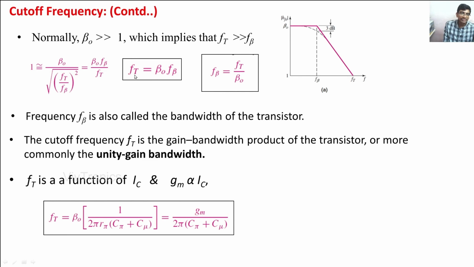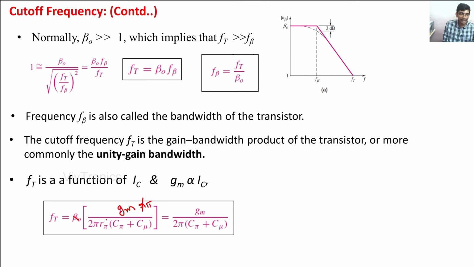We can write ft equal to beta naught into f beta. We already know the value of f beta from the last derivation, so we substitute it here. ft is equal to beta naught into 1 by 2 pi r pi (c pi plus c mu). Here beta naught is nothing but gm into r pi.